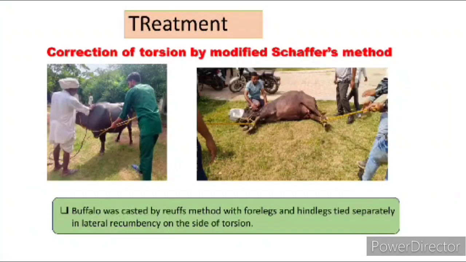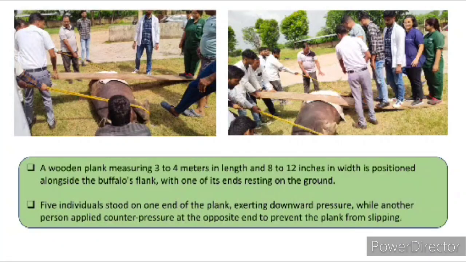Okay. So on treatment, we have done the modified Schaffer method. The buffalo was casted by the roof method. You can see in the pictures, and it was laid in lateral recumbency on the side of the torsion. Okay, you can see the dimensions of the plank.